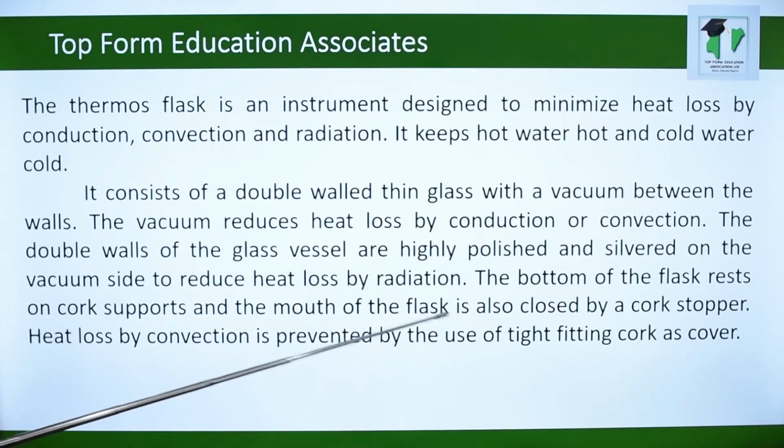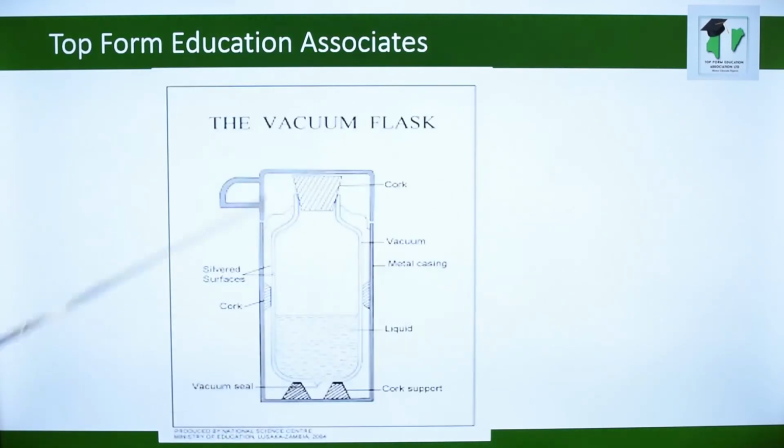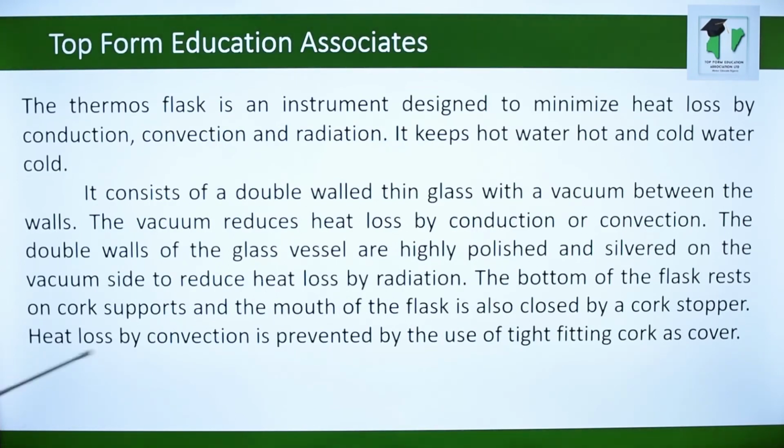And the mouth of the flask is also closed by a cork stopper. Look at it here. Heat loss by convection is prevented by the use of a tight-fitting cork as cover.